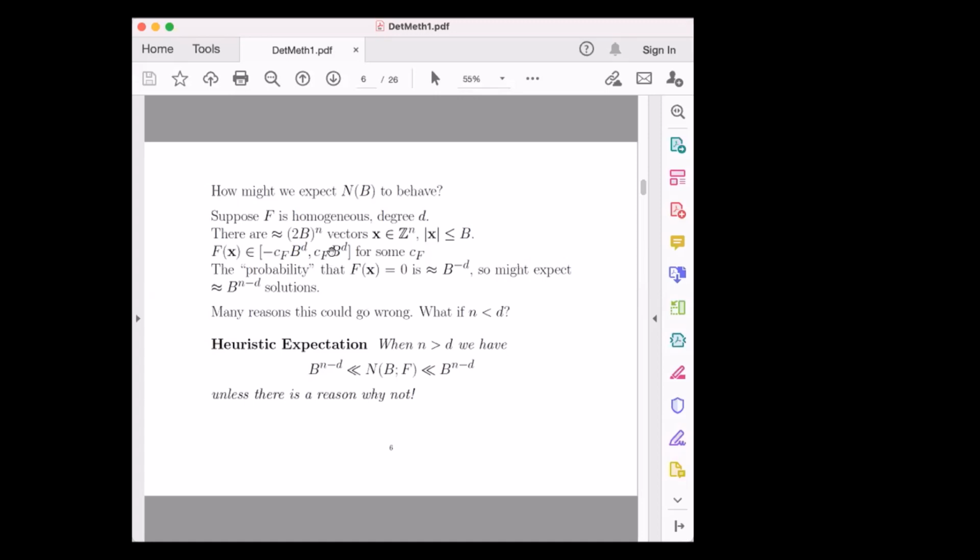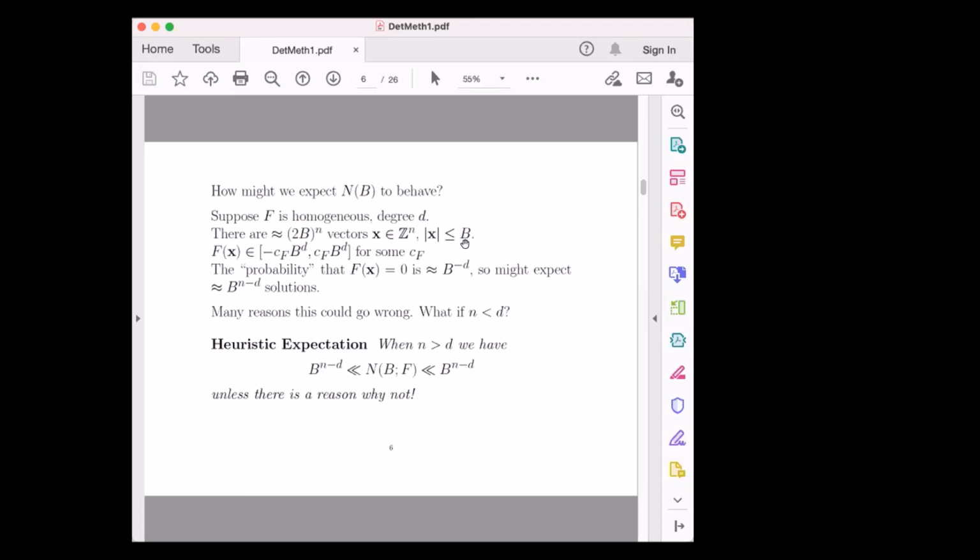Well, you have this many boxes. The probability of getting your ball into the box labeled 0 is B to the minus d. So you might expect B to the n minus d hits. So this argument suggests that the equation f(x) equals 0 might have something like B to the n minus d solutions when x is a vector of this size.